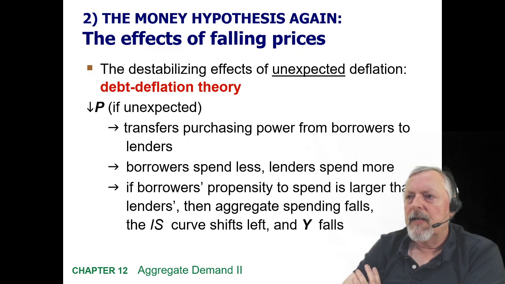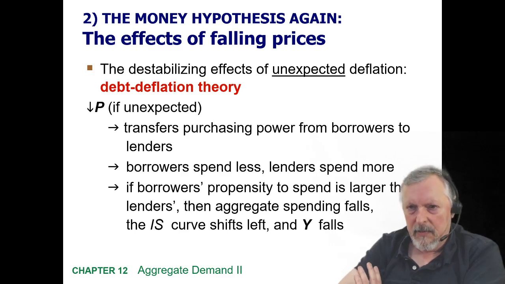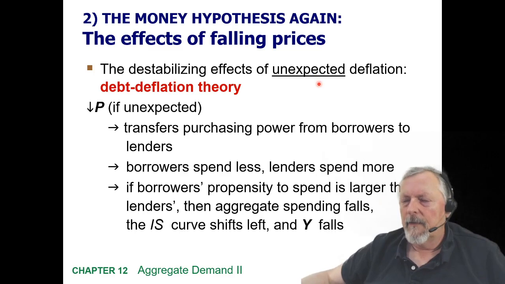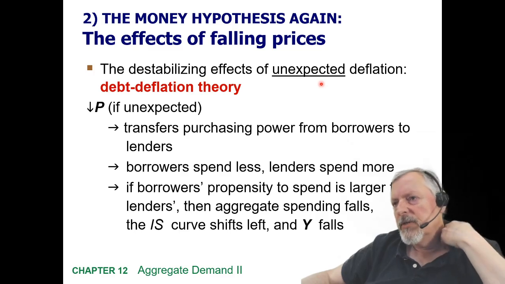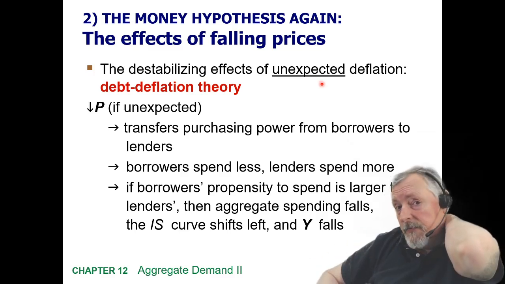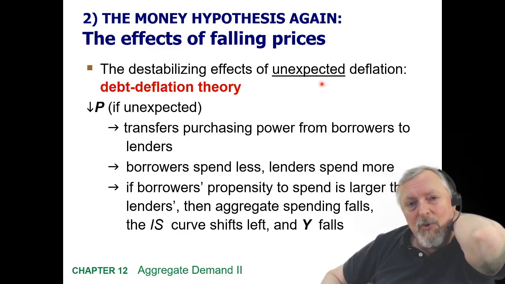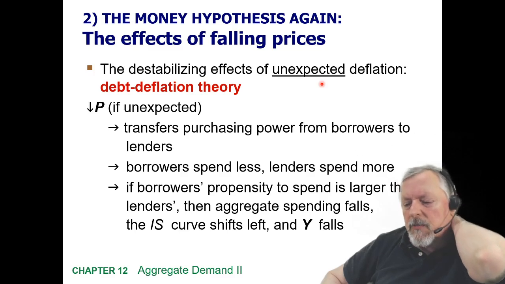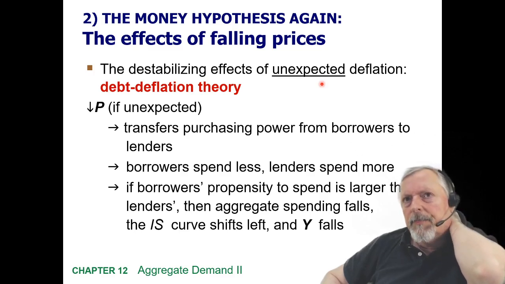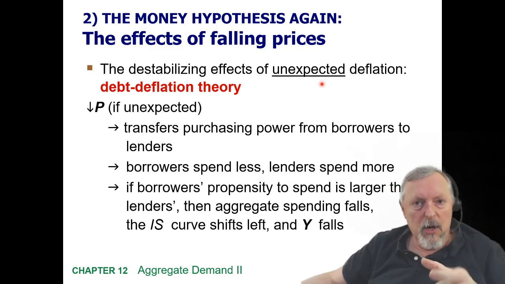Consider first the effect of an unexpected deflation. This would cause a redistribution. We saw this in Chapter 5, how predicting the inflation rate incorrectly will cause a redistribution of wealth between borrowers and lenders.